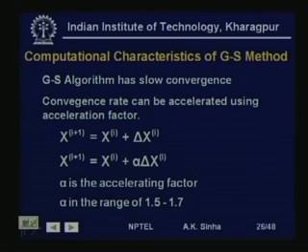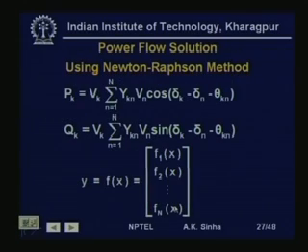So, instead of using x I plus 1 equal to x I plus delta x, we multiply this delta x by alpha, where alpha is between 1.5 and 1.7, then it is found that the convergence improves somewhat, but still the convergence is much slower compared to other methods, and therefore, this Gauss-Seidel method is nowadays not preferred for large power system power flow analysis.